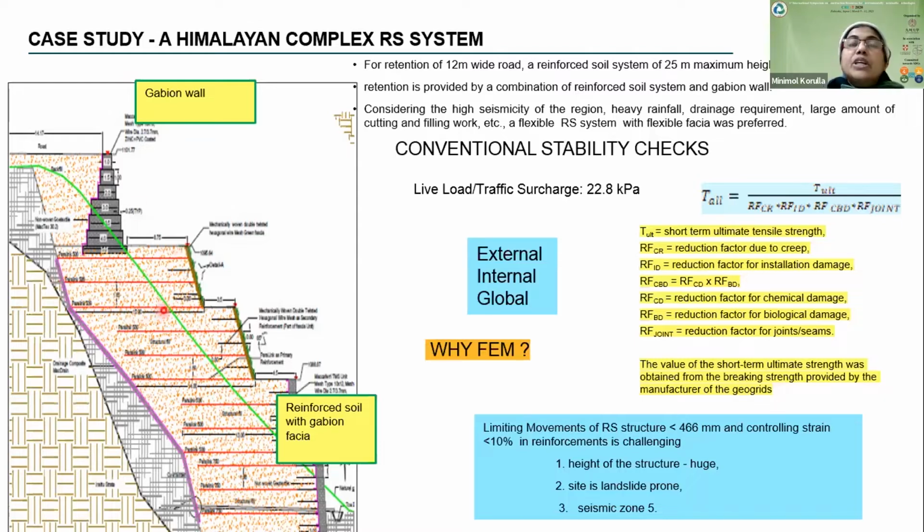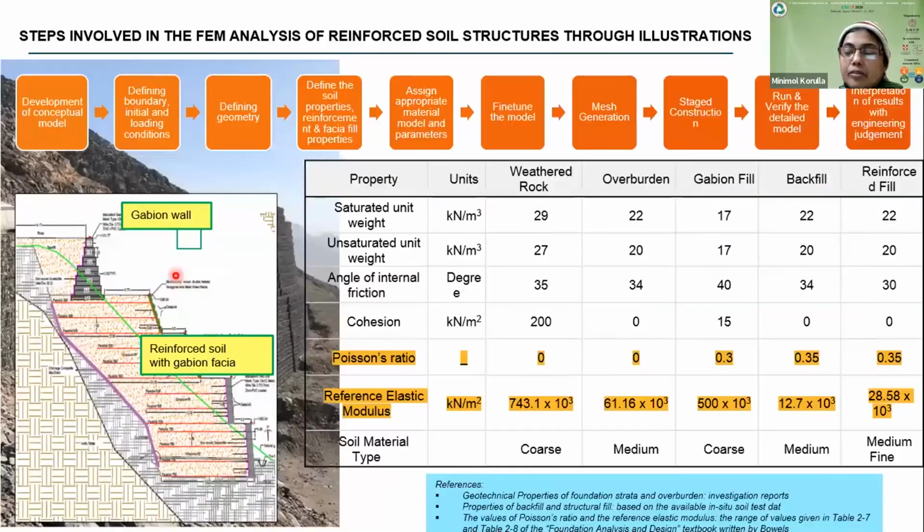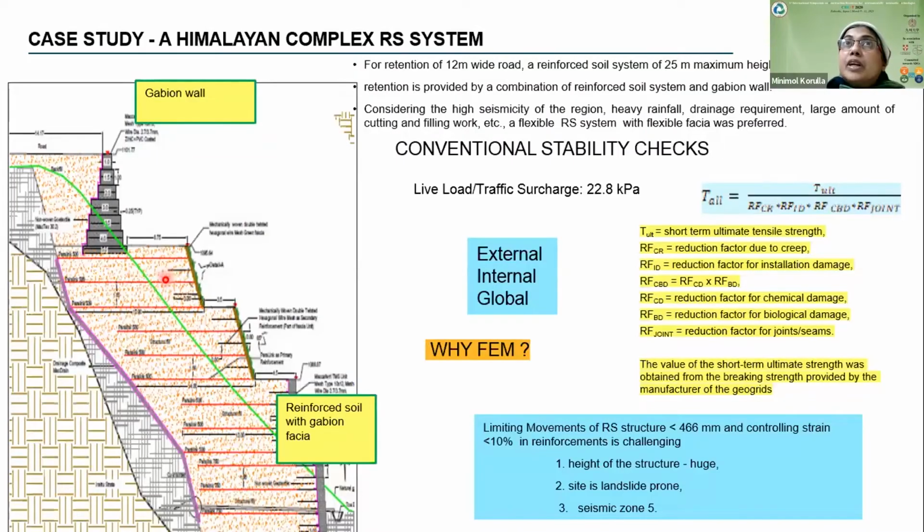So here I am talking about the numerical method, where we have tried to find out how much this structure may move if we are constructing, by virtue of its geometry, by virtue of its geological characteristics, as well as the type of fill which is being used as the structural fill, as well as the fascia.